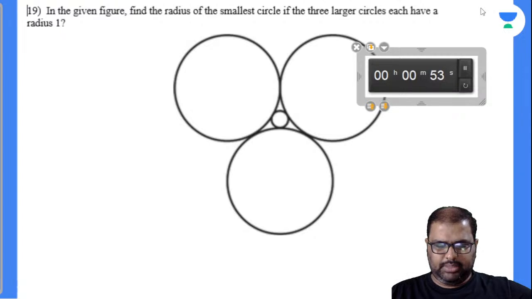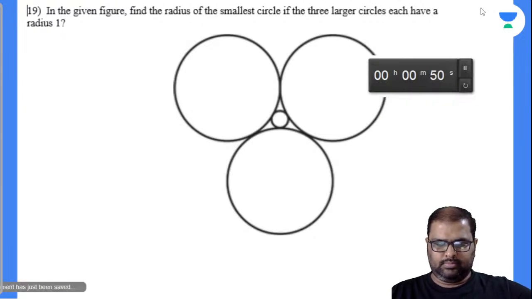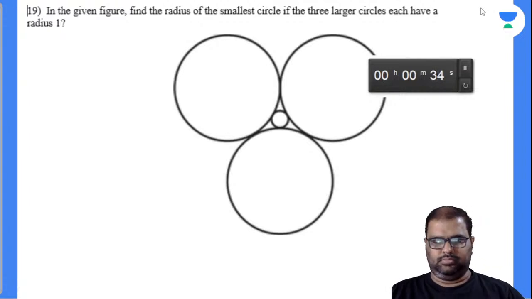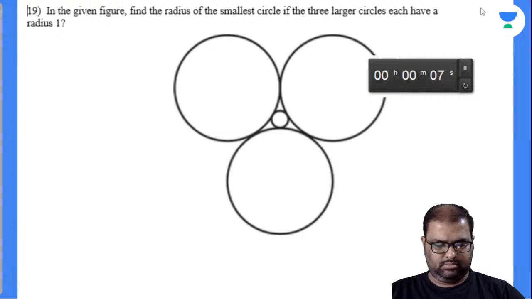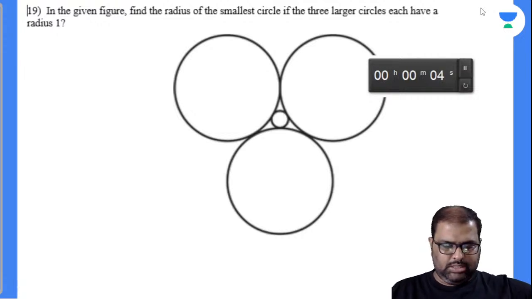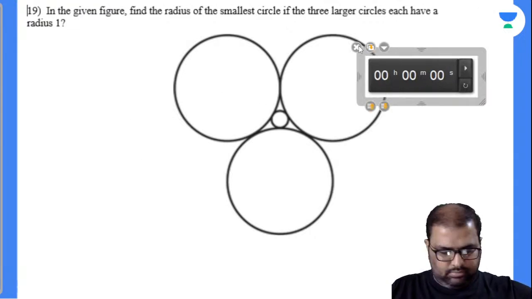Srinivas, Bhavesh, Anshita Gupta? No answer. Oh beta.